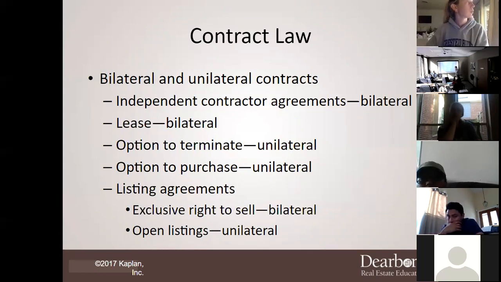Whereas with the unilateral, like the option to terminate, the seller is not promised to do anything. It's just a contract that states that one person can do something. The buyer can terminate the contract, but the seller doesn't have to promise anything in that situation. It's just the buyer who has the right to perform an act, basically.